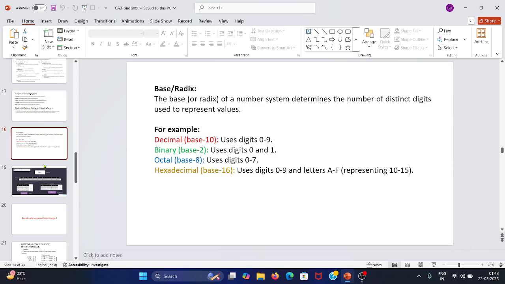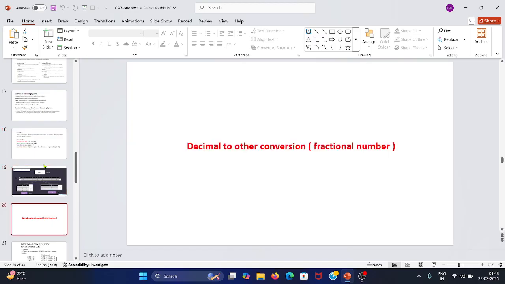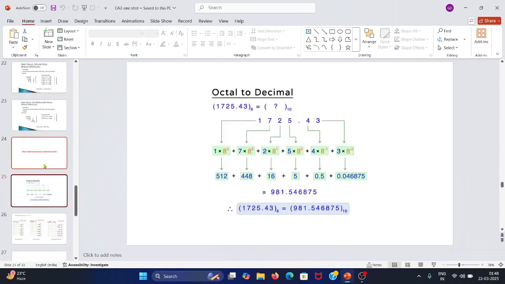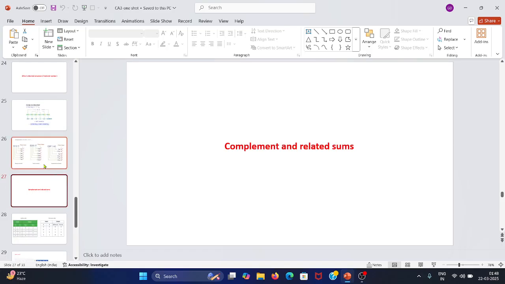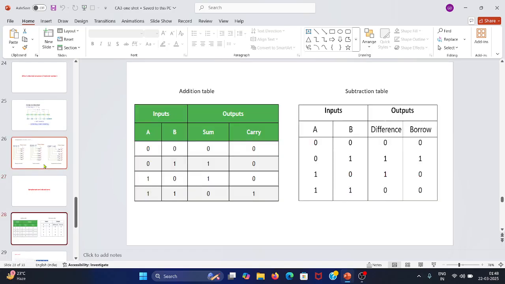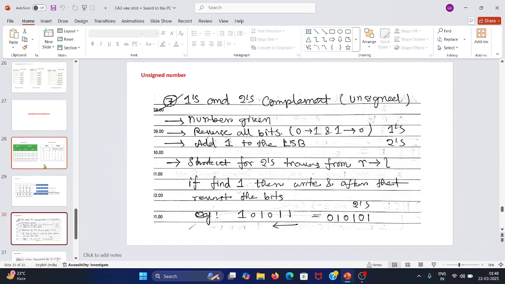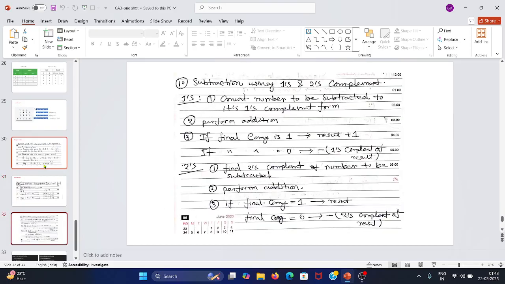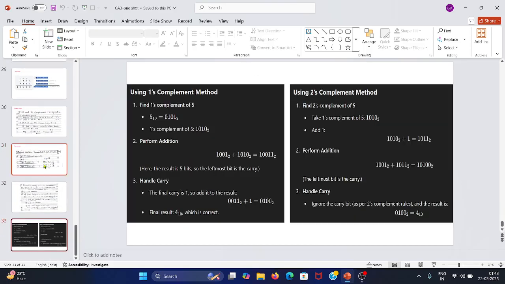As you can see, these are the things we are going to discuss: decimal to other conversion, after that other to decimal conversion, and after that complement and related sums, complement for unsigned and signed numbers, and after that some basic examples to understand the process. So that will be our approach.